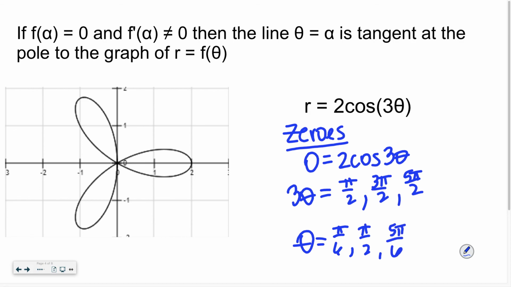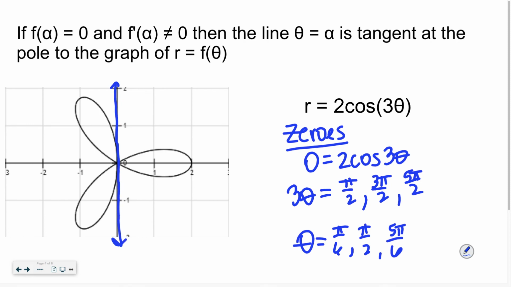So these are 3 tangent lines. If I come over here to pi over 6, the pole is a tangent line to our curve. I don't like how our graphing calculator does it, because that's a polar graph on a Cartesian coordinate plane. At pi over 2, the pole is also a tangent line.